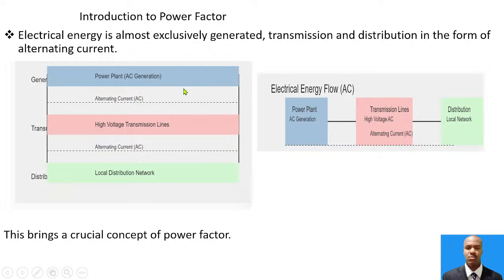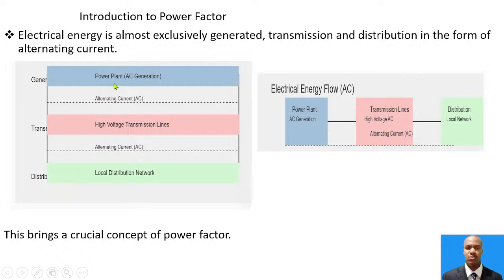The process of generating, transmitting and distributing to the final consumer can be simply summarized by this flowchart, or figurative block diagram, whereby we have the power plant, and it is at the power plant where we do power generation.